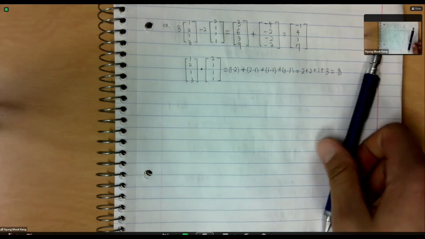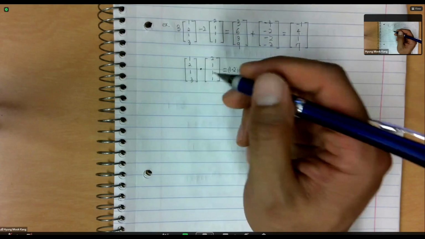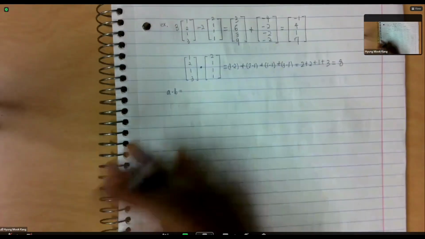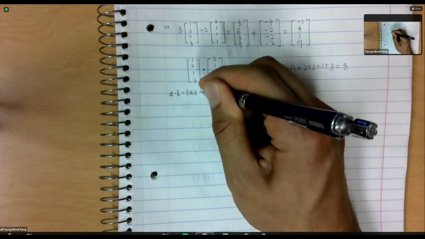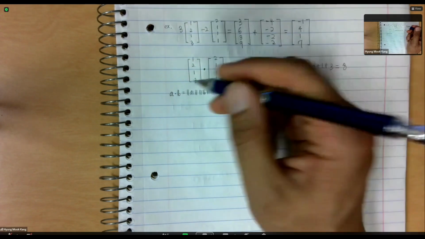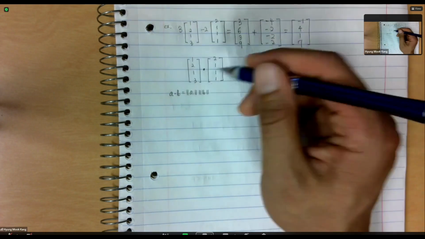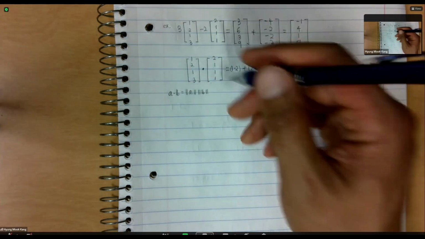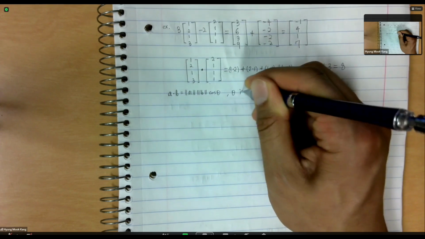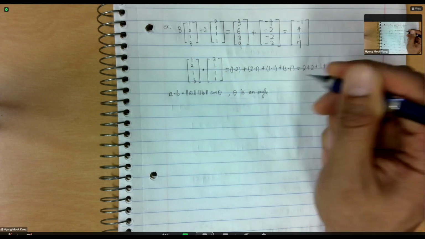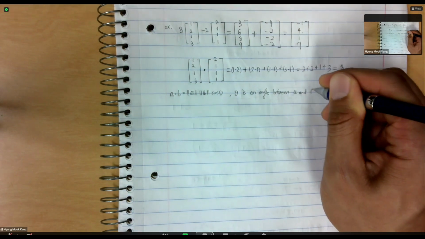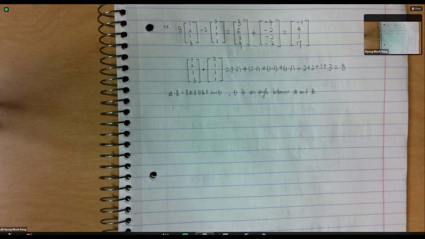When we take the inner product of vector A and vector B, this is the length of A times the length of B times cosine theta, where theta is the angle between A and B. By the way, this notation is called vector notation or boldface notation.